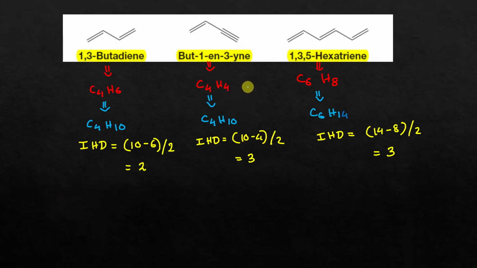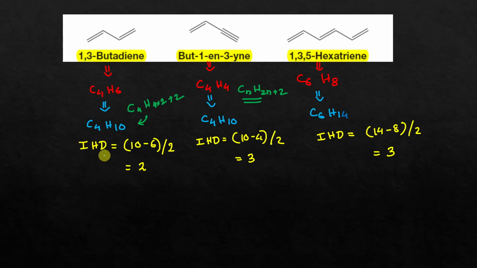We know that the formula of the corresponding acyclic alkane is CnH2n+2, so using this formula we have calculated the formula of the corresponding acyclic alkane. As it has a total of 4 carbons, its corresponding acyclic alkane has the formula C4H(4 into 2 plus 2), that is C4H10. Similarly, we have calculated the formula of the acyclic alkane of all these compounds.